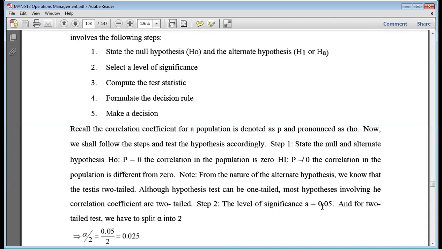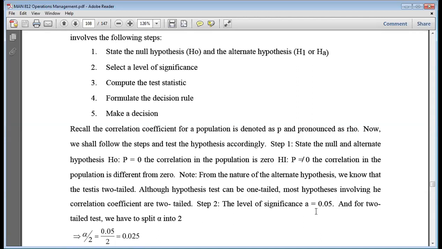Then if it is Z distribution you are dealing with, you now use the 0.05. That is when it is a one-tailed test. And there's something we call two-tailed test. That is when, after you browse that table, the distribution table, they have Z distribution table, they have T distribution table, they have normal distribution table.